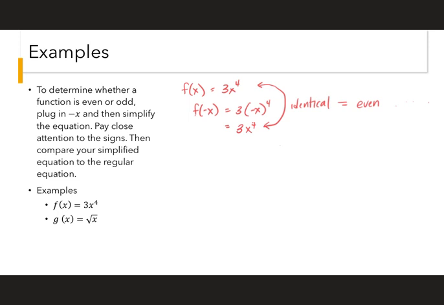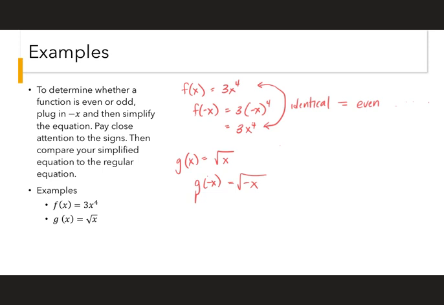Let's take g of x, the square root of x. I'm going to plug in negative x. So g of negative x is equal to the square root of negative x.